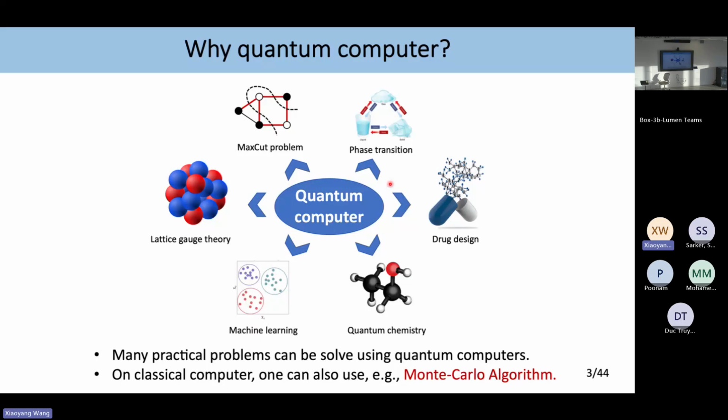First, I will introduce why we use the quantum computer in high energy physics. The quantum computer can be used in many fields for classical problems, for example, the Max-Cut problem, the study of phase transitions, lattice gauge theory, drug design, machine learning, or quantum chemistry. Usually, these problems can be solved using a classical computer, for example, using the Monte Carlo method.